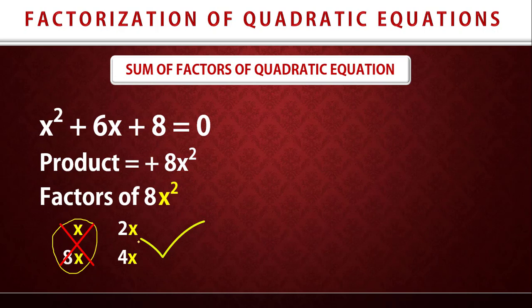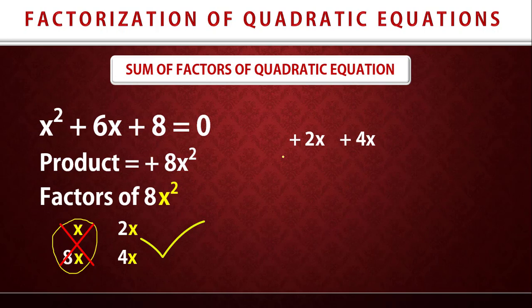So the next thing now, let's take up these variables, 2s and 4s. We want to try plus and plus. So if we try plus 2x and plus 4x, will it be able to give us this 6x?